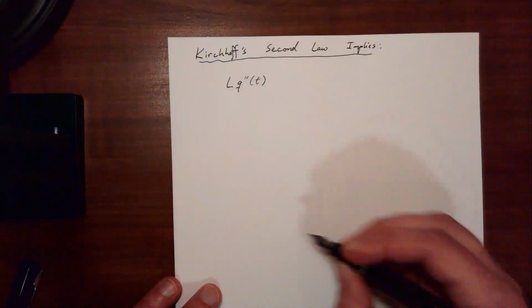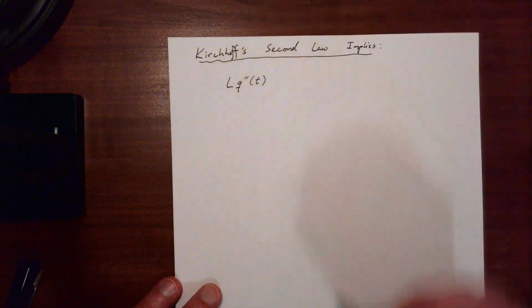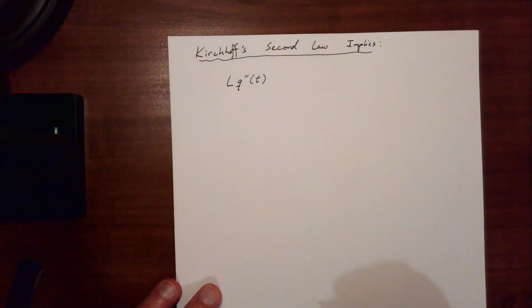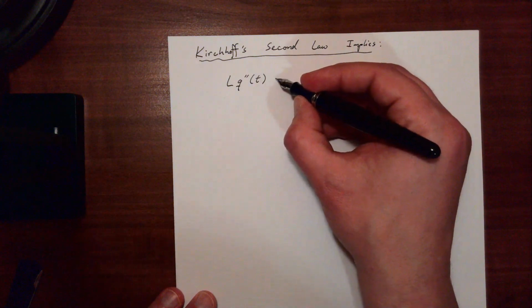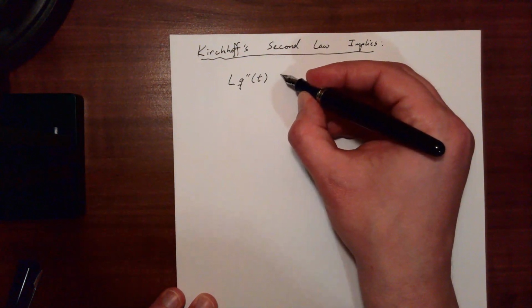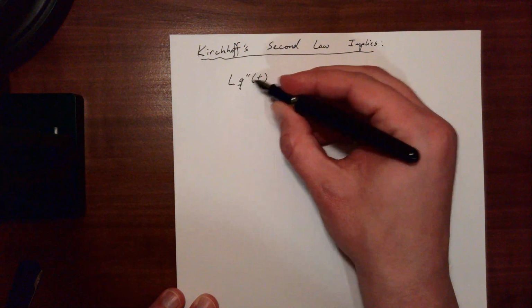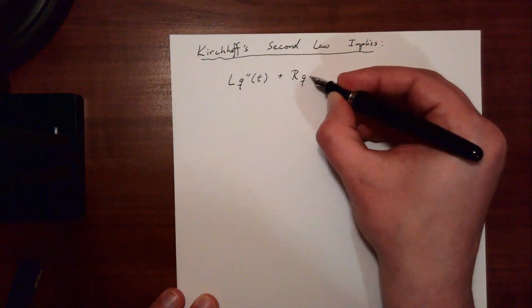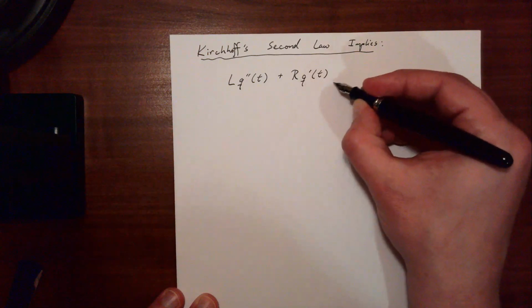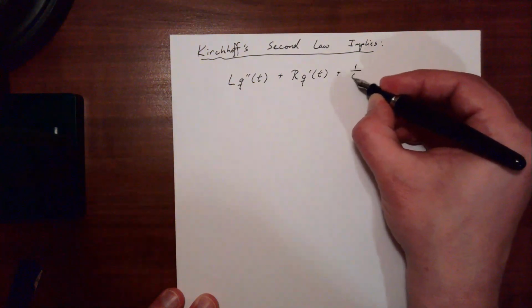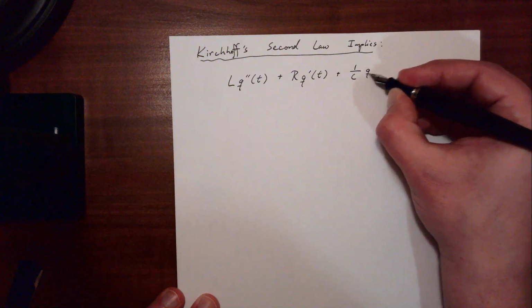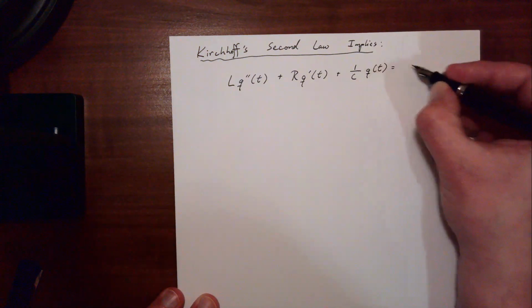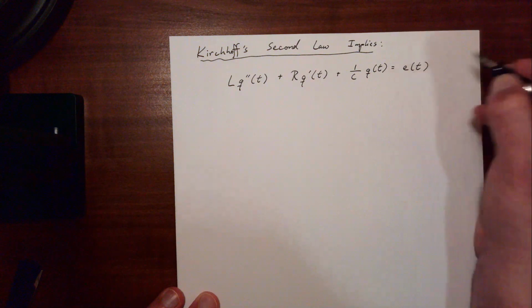Kirchhoff's second law has to do with the overall change in voltage over the course of all the steps along the way. But as far as we're concerned, what we need to know is that it implies basically this differential equation: L Q double prime of t plus R Q prime of t plus 1 over C Q of t is equal to E of t.